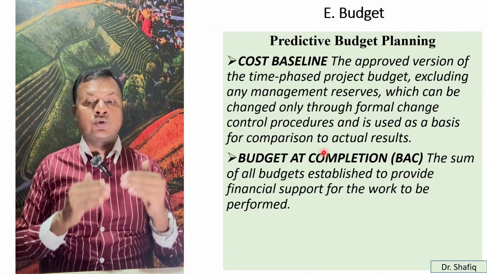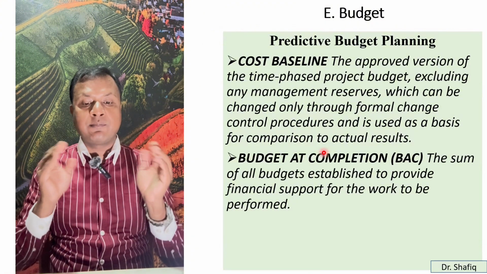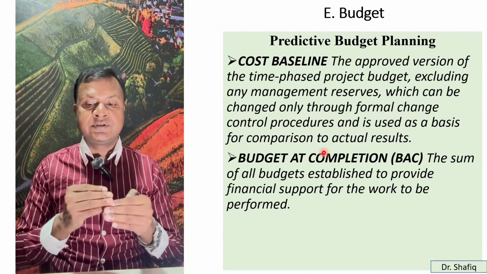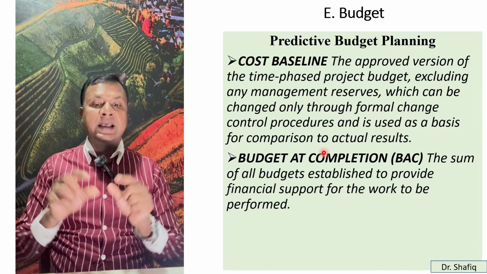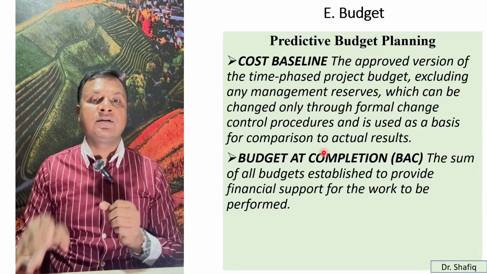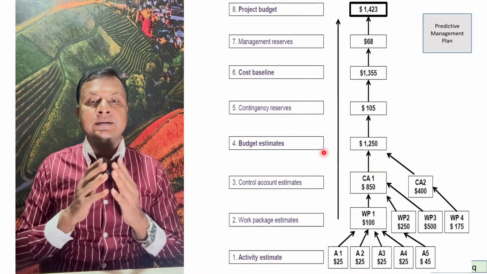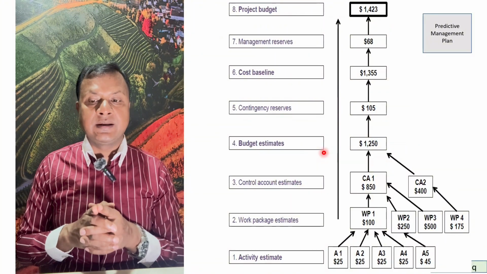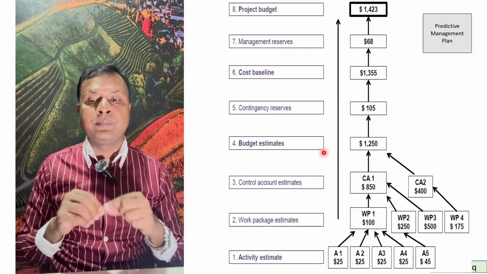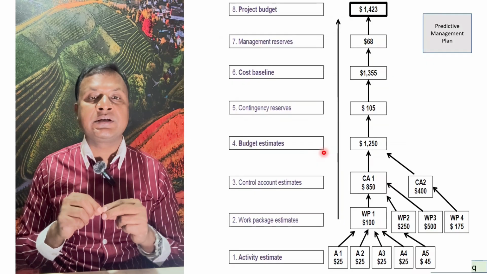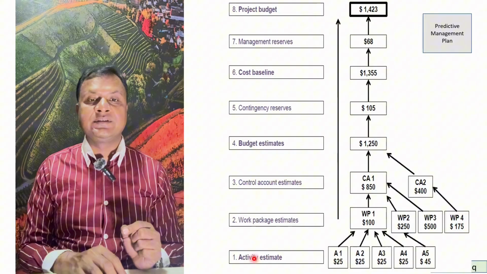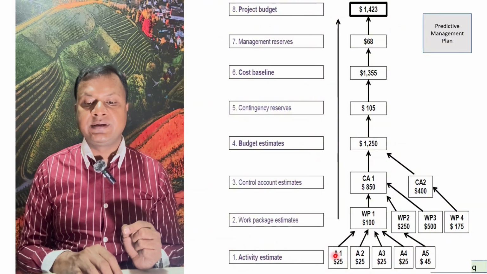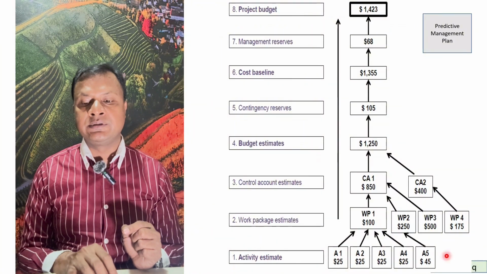And what is budget at completion? This means the sum of all budgets established to provide financial support for the work to be performed. These two I will show you in the graph. Here you find this figure. This is a model of a predictive cost management plan. At the bottom, you are seeing the activity estimates: activity 1, activity 2, activity 3.